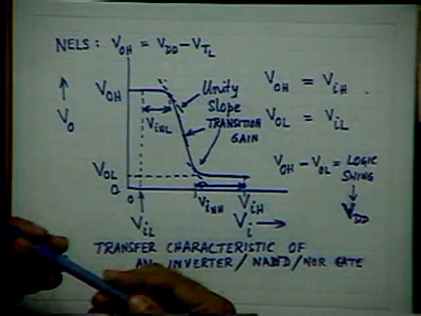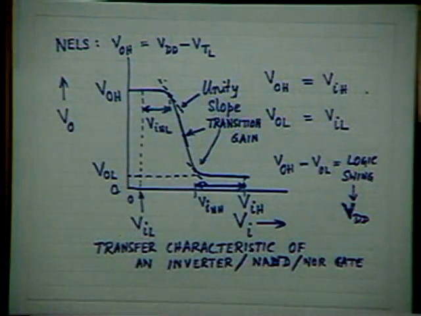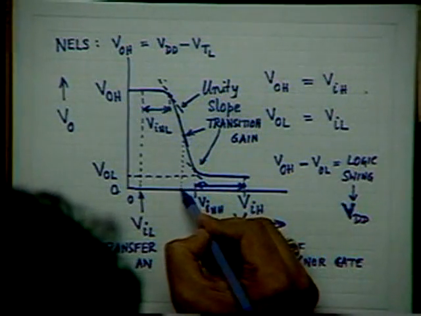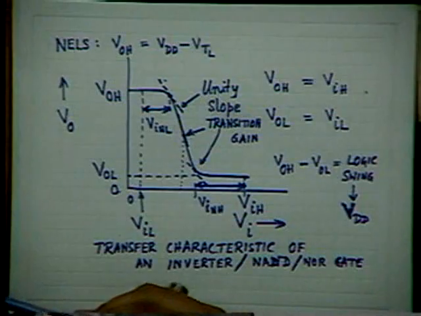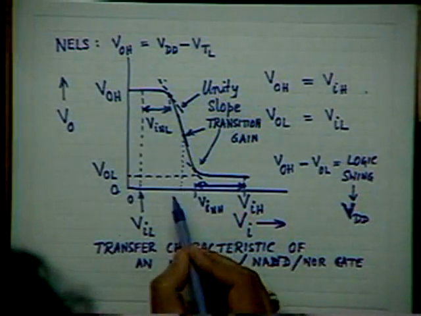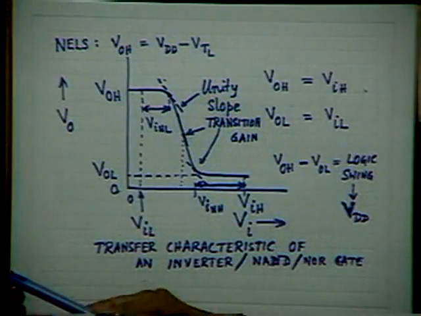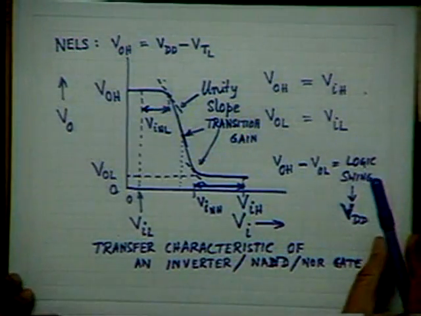You know that an inverter is nothing but also an amplifier. It depends on the biasing condition. If you apply an input voltage which is this much, then the inverter is an amplifier. If you apply a small AC voltage around it, it will be amplified. And we need that this transition gain should be as high as possible.